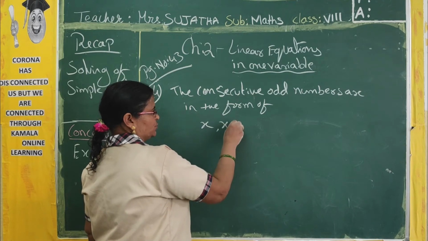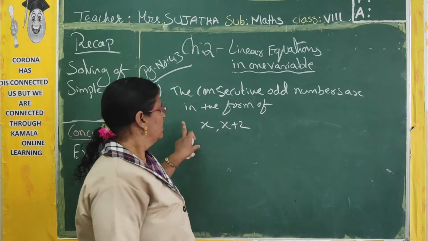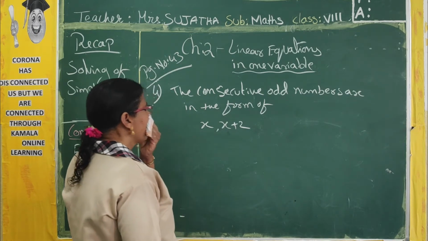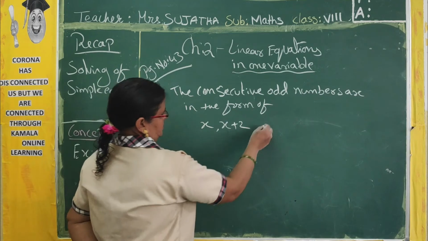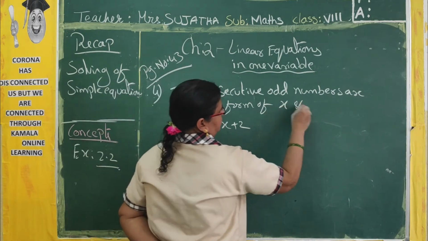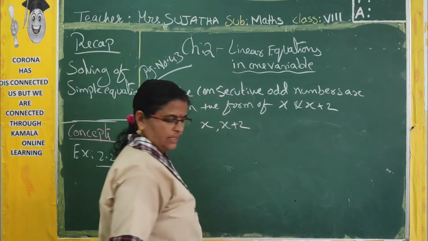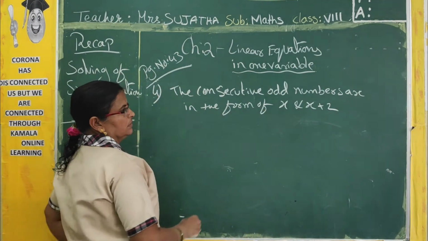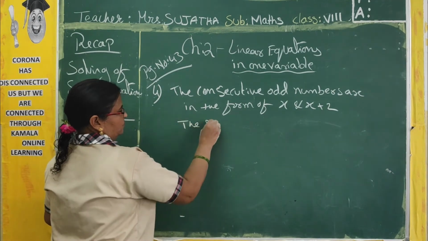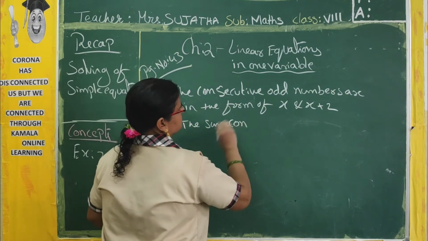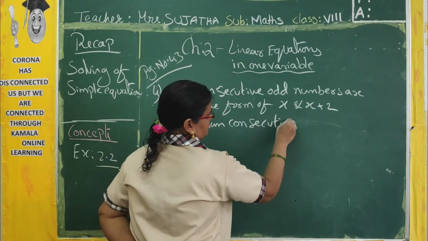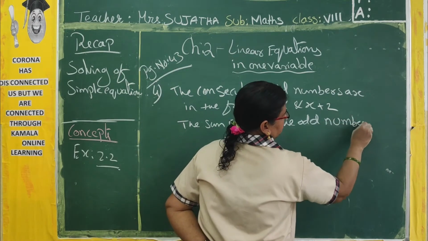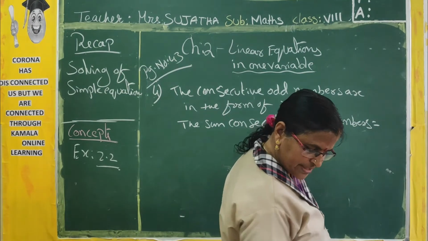So the sum of two consecutive odd numbers, x and x plus 2, sum means you have to add. The sum is equal to 56.